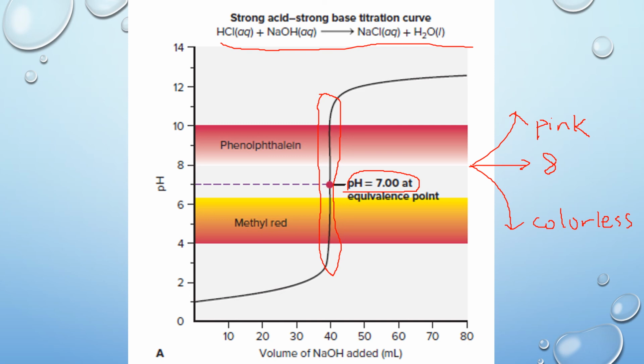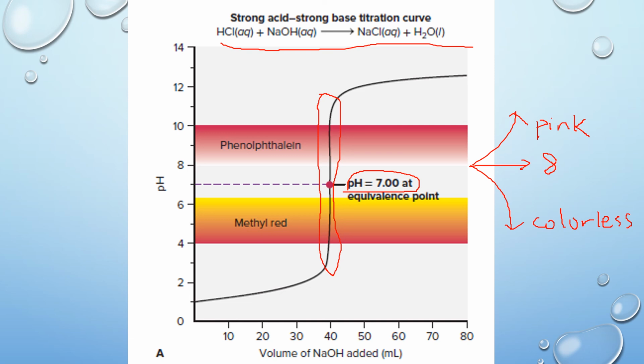For example, if we add the base into the acid, although the endpoint happens at pH 7, by just adding one drop of base, the pH goes up rapidly, which covers that region, which is pH equal to 8. So that's why phenolphthalein works.